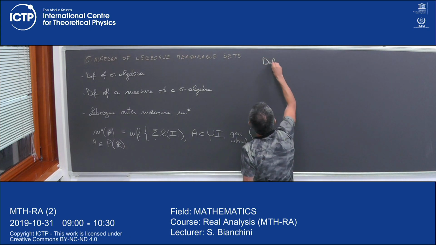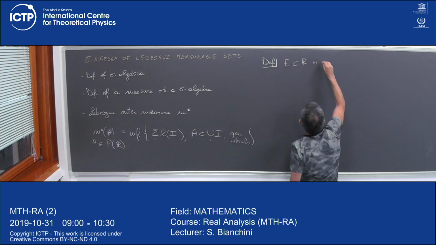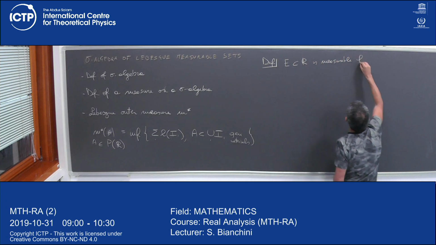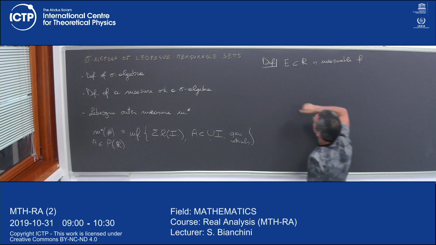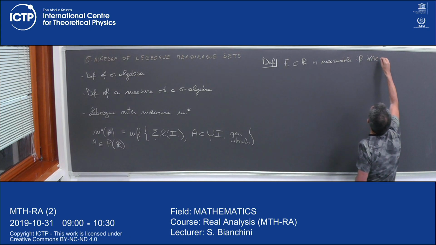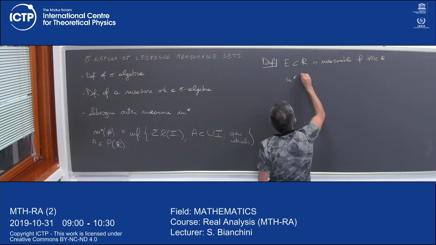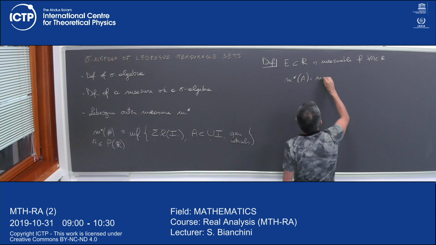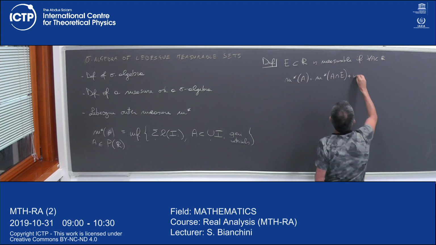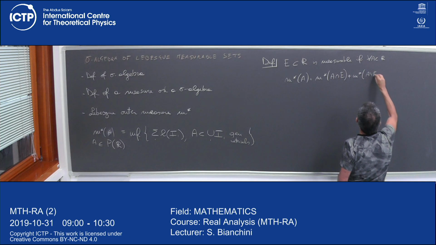Definition: E is measurable if for all A contained in R, the outer measure of A is equal to the outer measure of A intersection E plus the outer measure of A minus E.